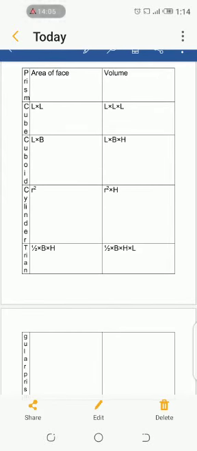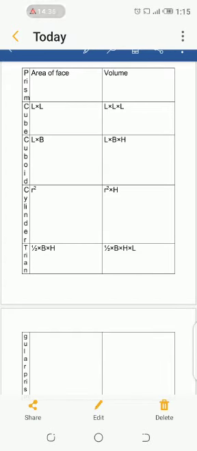Then the volume of a cube will be the area of the face times the height or length, and that is why we have length times length times length. For a cuboid, the face is a rectangle, and the area of a rectangle is length times breadth. So the volume will be the area of the rectangle times length or height, and that is why we have length times breadth times height.